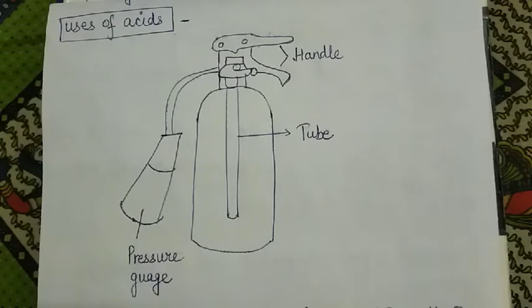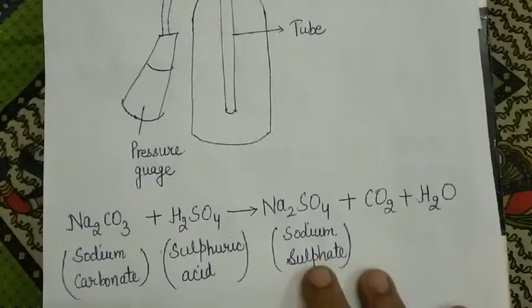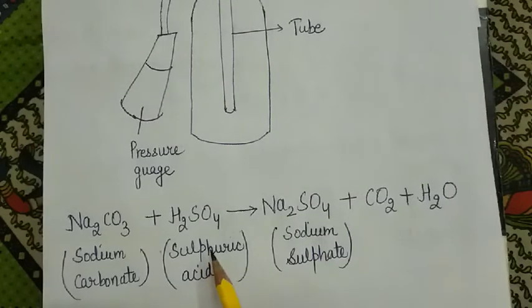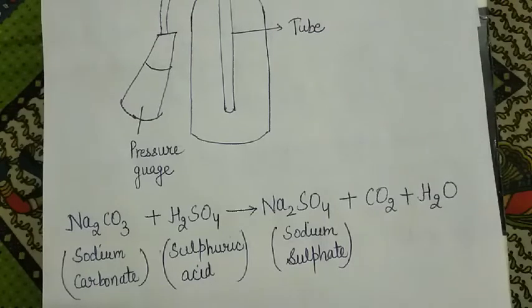Fire extinguishers are based on the property that when any acid reacts with a carbonate, it forms carbon dioxide and water. And we all know that carbon dioxide is a non-supporter of combustion. It will extinguish the fire.